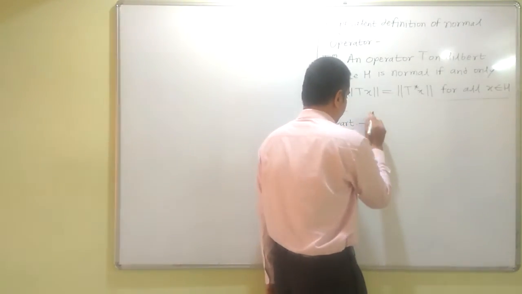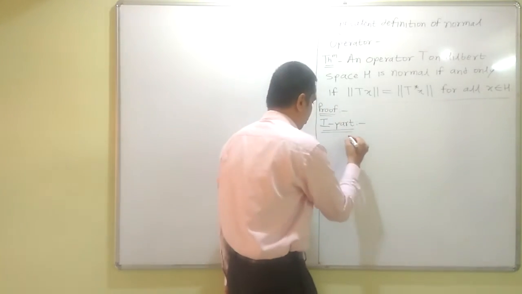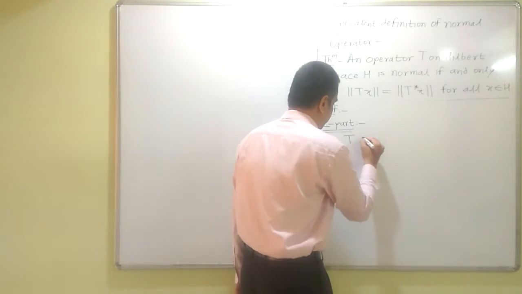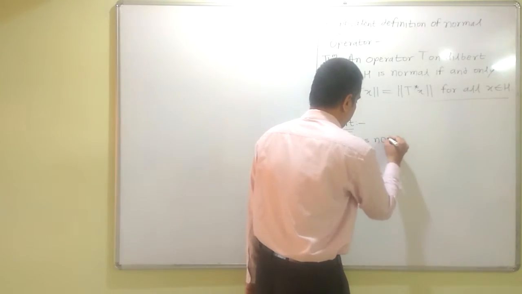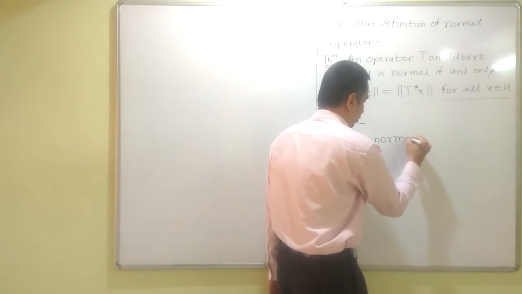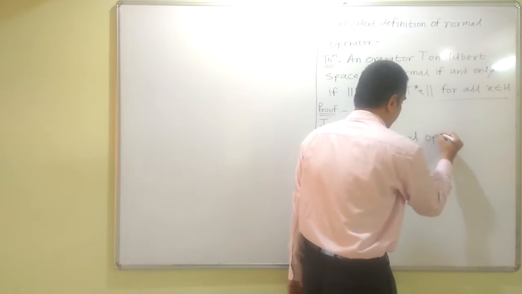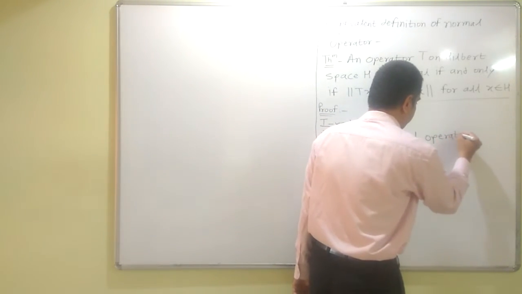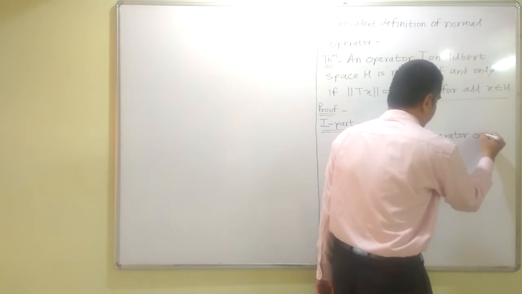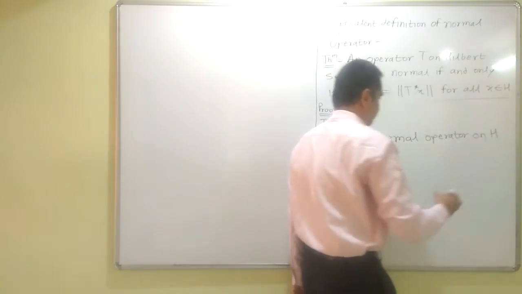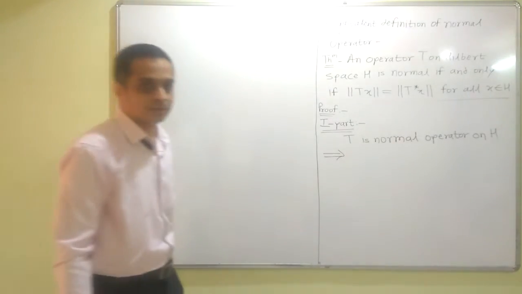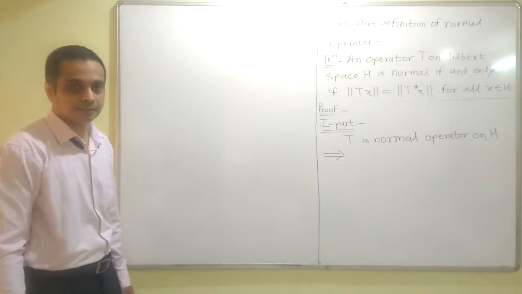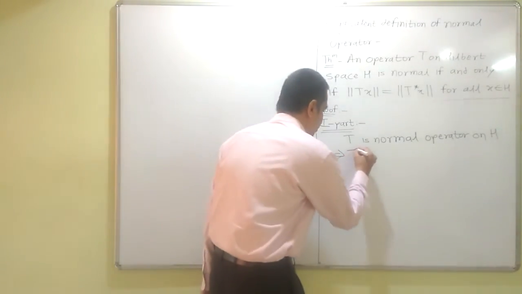Let T be a normal operator on H. This implies, what is the definition of normal operator? It commutes with its adjoint.